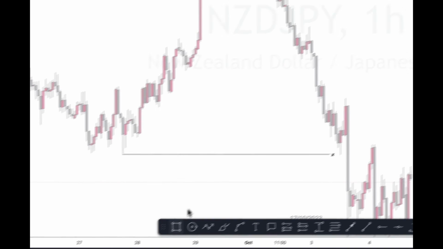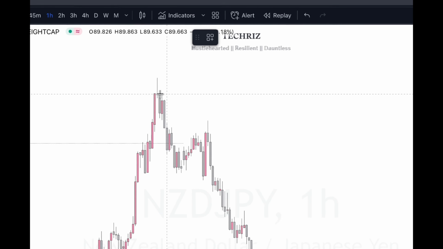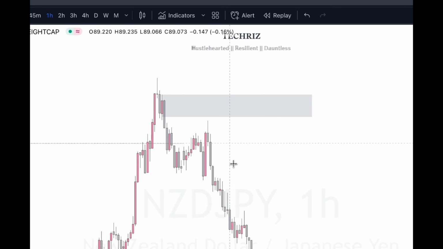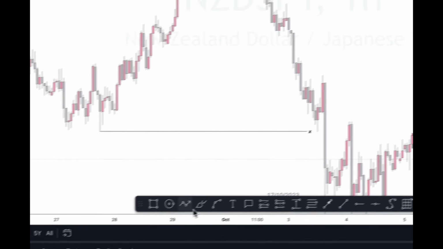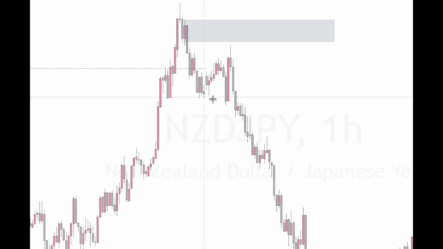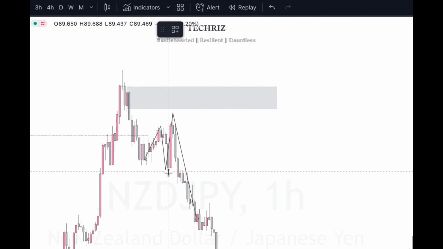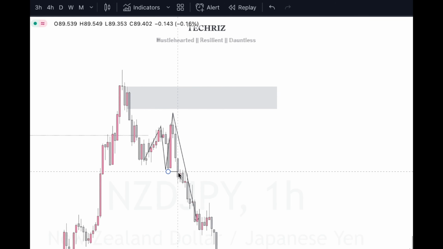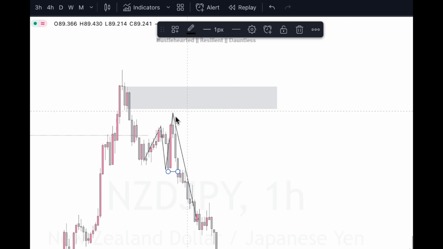If we consider here as our order block, you can see that this particular inducement has taken off a previous level, which is this level here. So we could consider that a valid inducement, just because this level has been taken off by the inducement. So that's a valid inducement to our order block, right?